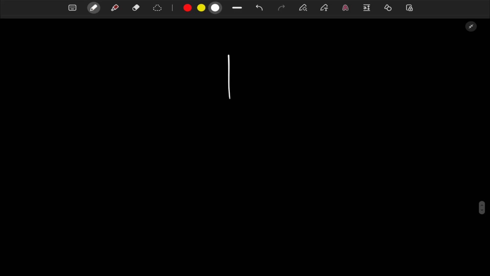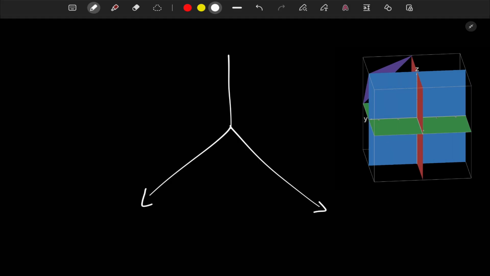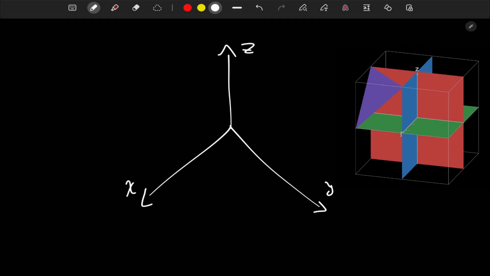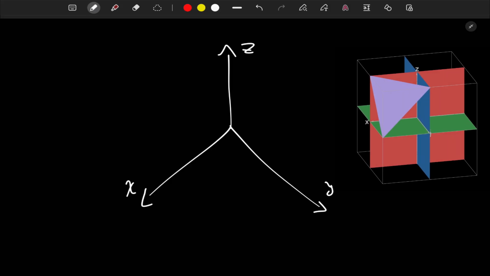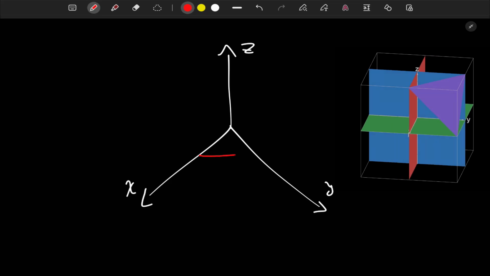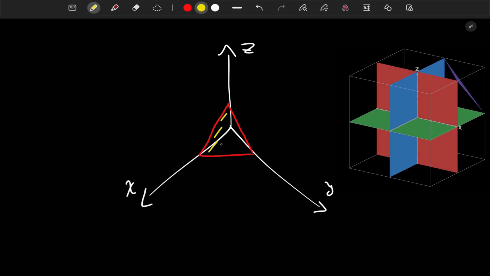So connecting these functions together will give us something like this. Something like a triangle.